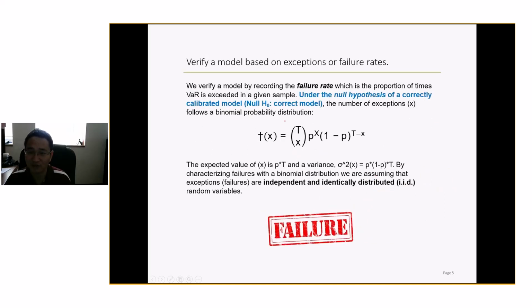So we verify the model by recording the failure rate, which is the proportion of times VaR is exceeded in a given time. We use a binomial distribution model to do the calculations. We assume independent and identically distributed random variables. You should be familiar with this from high school. I will show you how to calculate it using an Excel example.